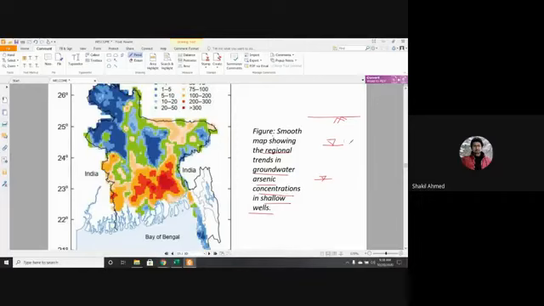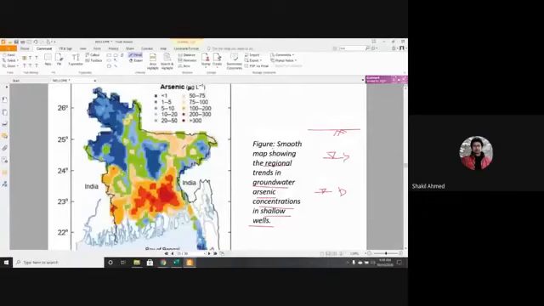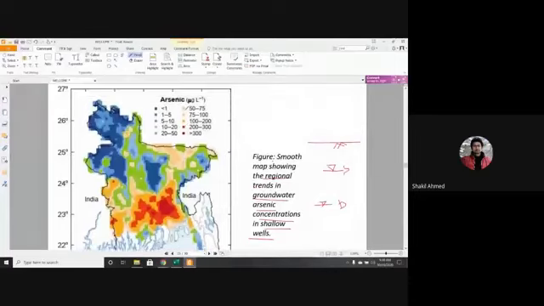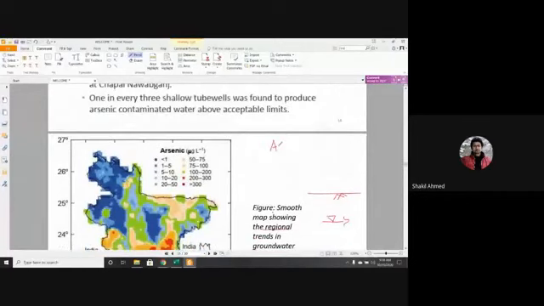Okay, now look at this figure. By the way, arsenic concentration 0.05 milligram per liter, am I right?